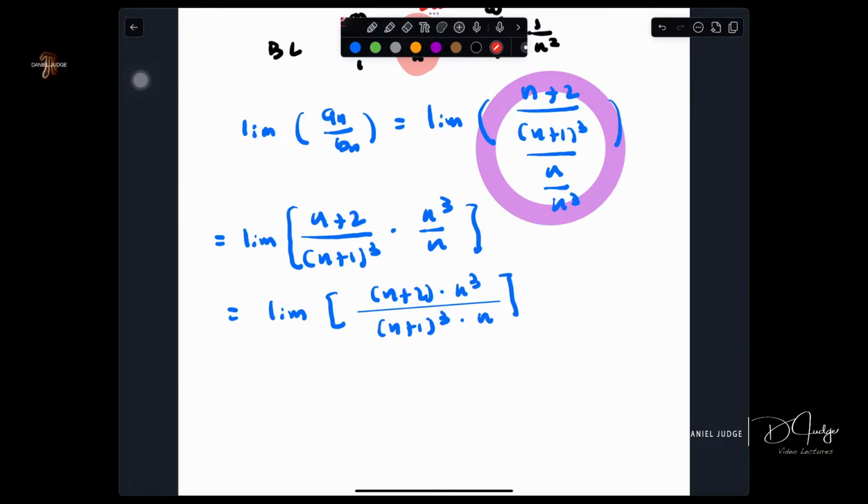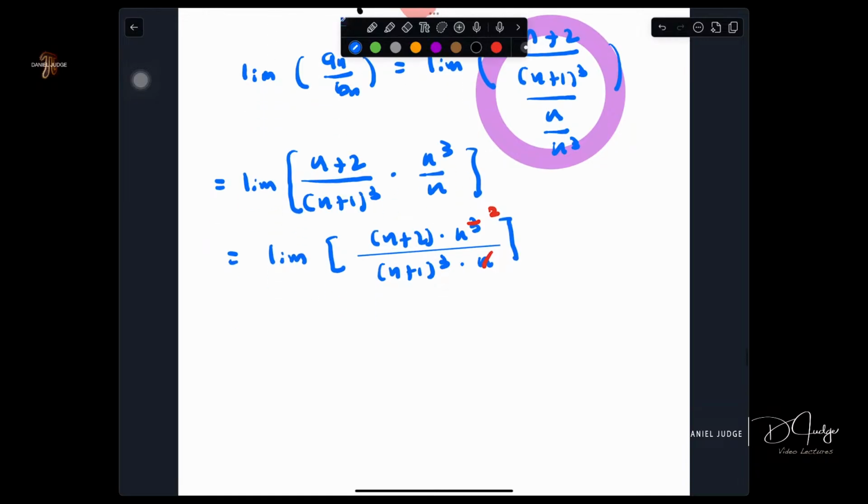If we do some simplification here, we are going to get this squared term. We get the limit now of n squared (n plus 2) over (n plus 1) cubed now.